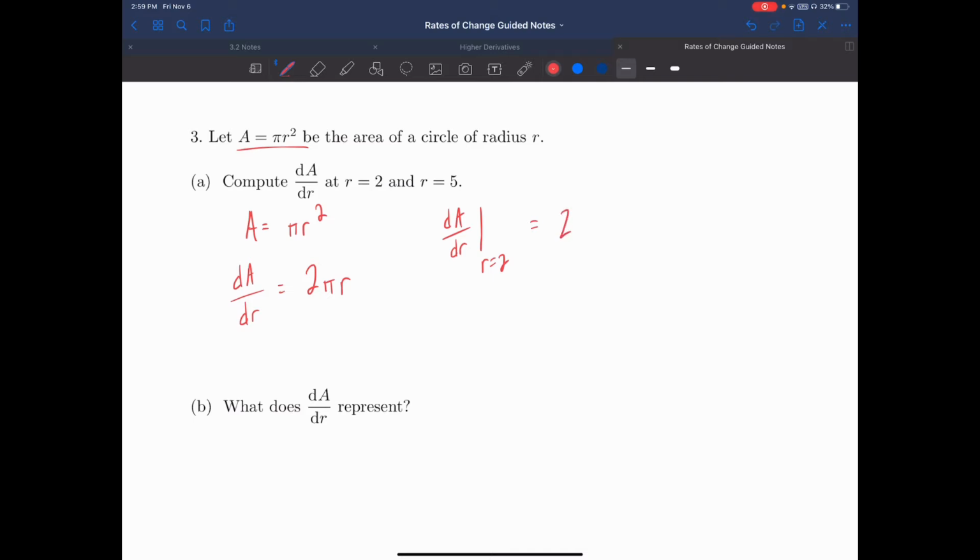That's simply 2 times pi times 2. So that would be 4 pi. To calculate at 5 would be dA/dr evaluated at r equals 5, which is just 2 pi times 5.